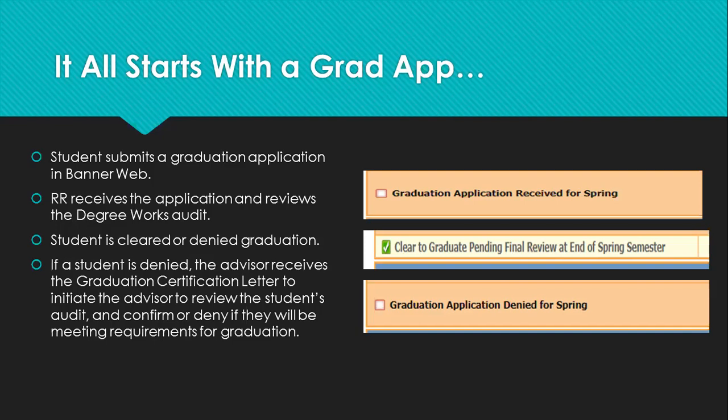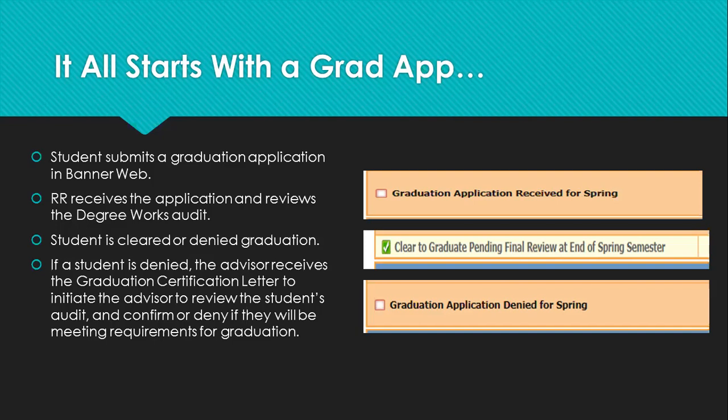And I reach out to the advisors. I send the grad certification letter, which comes as an electronic form. It's just my way of getting the ball rolling to contact advisors and see if there's anything that can be done to get the student to graduate.